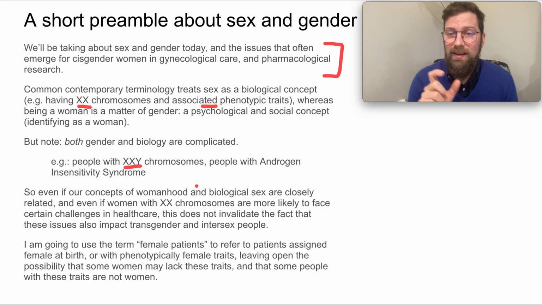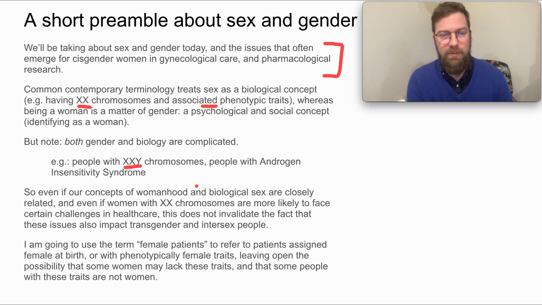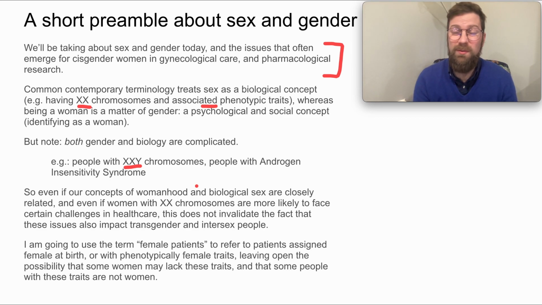And in this way, at a genetic level, we can see them as having both female traits, that is, having two X chromosomes, and also male traits, having a Y chromosome. And phenotypically, a person with XXY chromosomes will not fall directly into one or the other box when it comes to the sex binary.